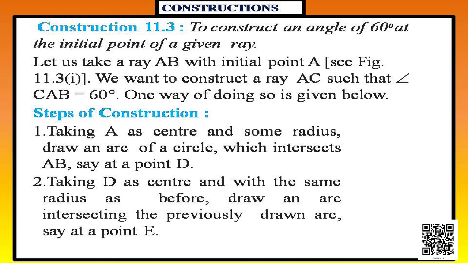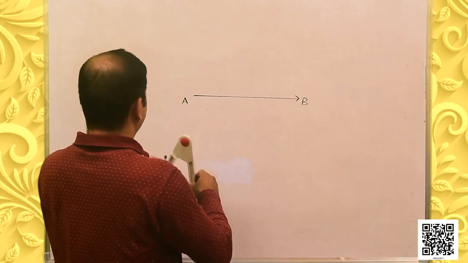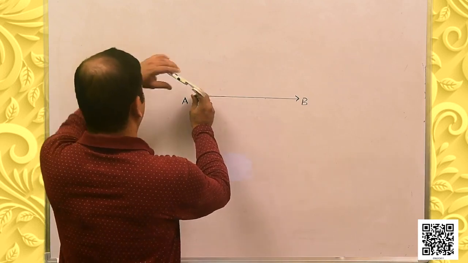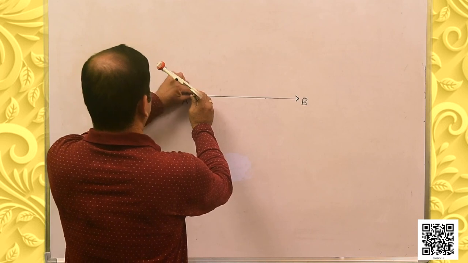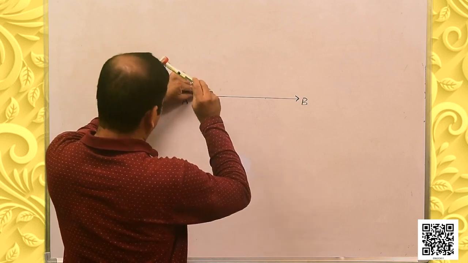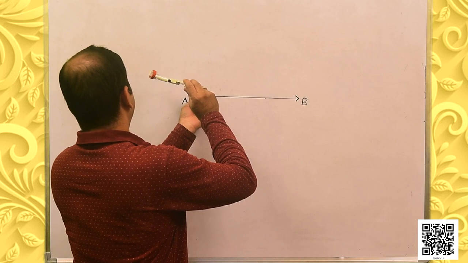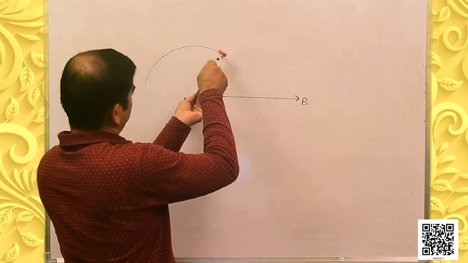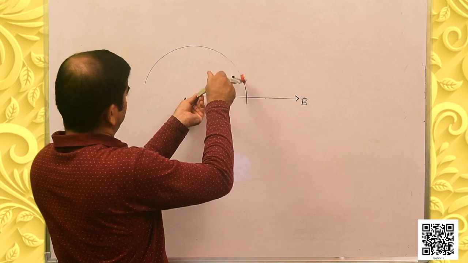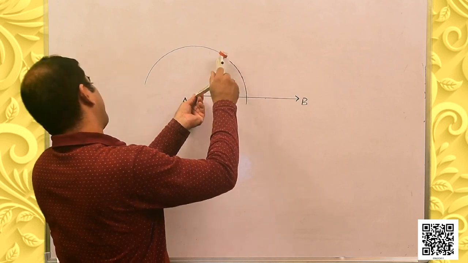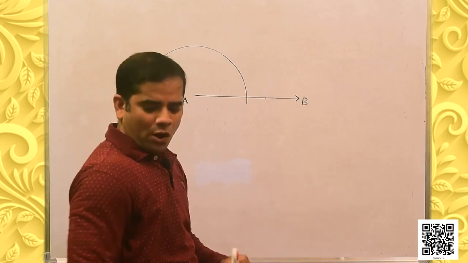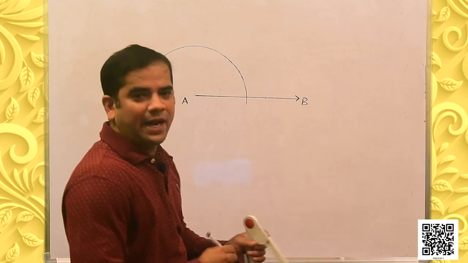Students, let us now construct an arc keeping the point of the compass at point A. The arc is going to intersect the ray AB. Fine. So, this is the arc. Now, it has intersected ray AB.